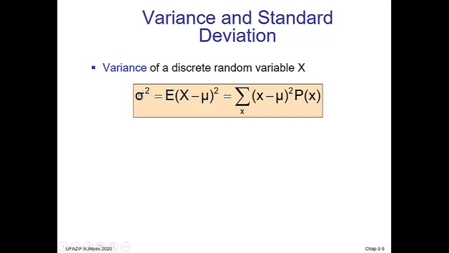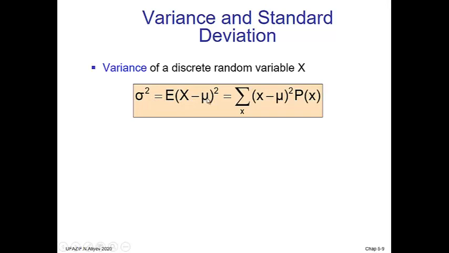We denote this variance by sigma squared because here we do not consider just a part of the experiment. We take into consideration everything. That's why we denote it as sigma squared, and mu represents the average.